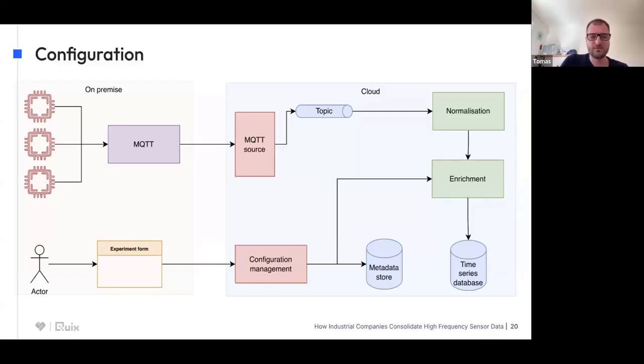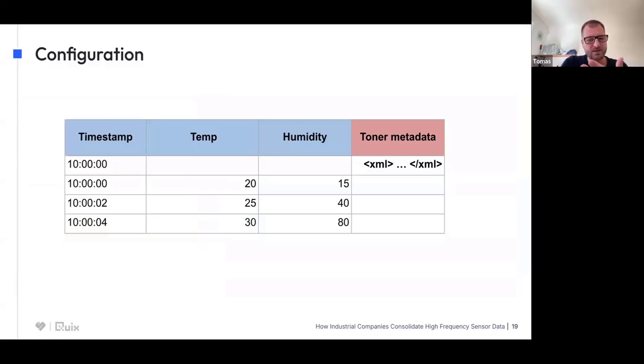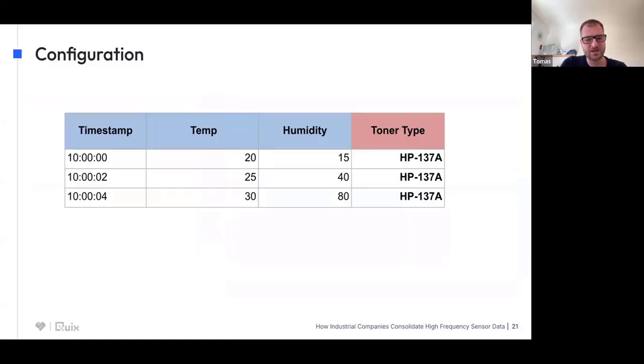So for example, we might have here a complex XML, but actually we just need to join the toner type so we can index it as a tag in our Influx database. Okay, we don't need to drag around the full XML everywhere.